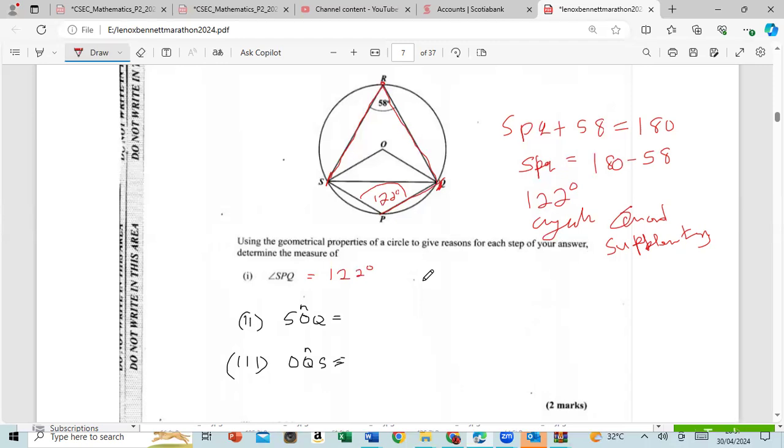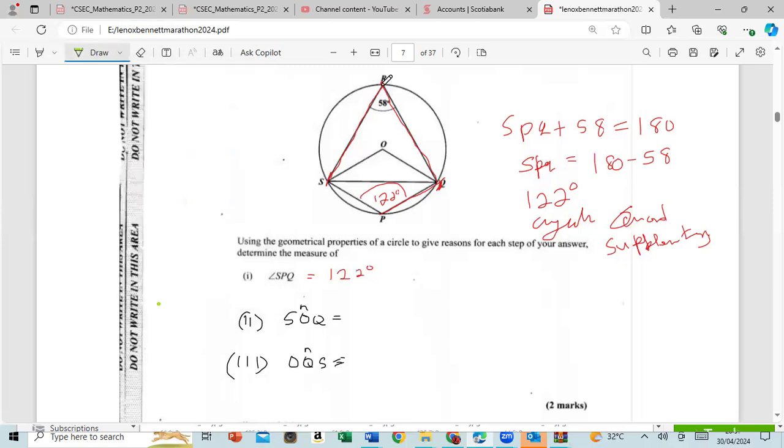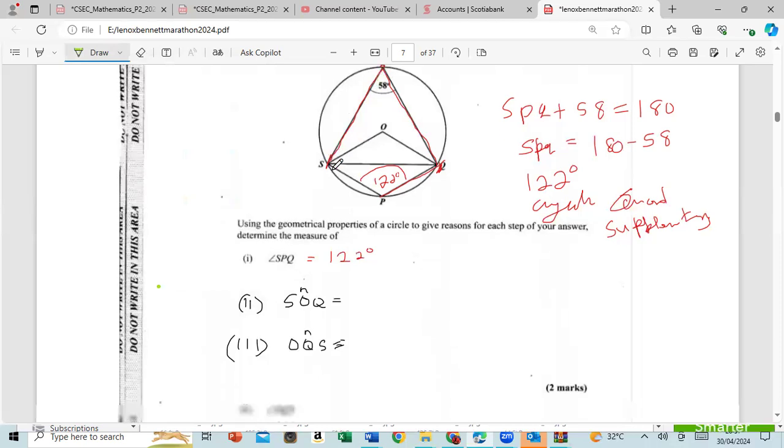SOQ. Why? It's literally one of the rules. Who recognizes SOQ? Remember when we were doing the rules, guys? Isn't that one of the rules? The angle at the circumference is half the angle at the center. They're going to give you the diagrams crowded, but you have to have the eye to see it.